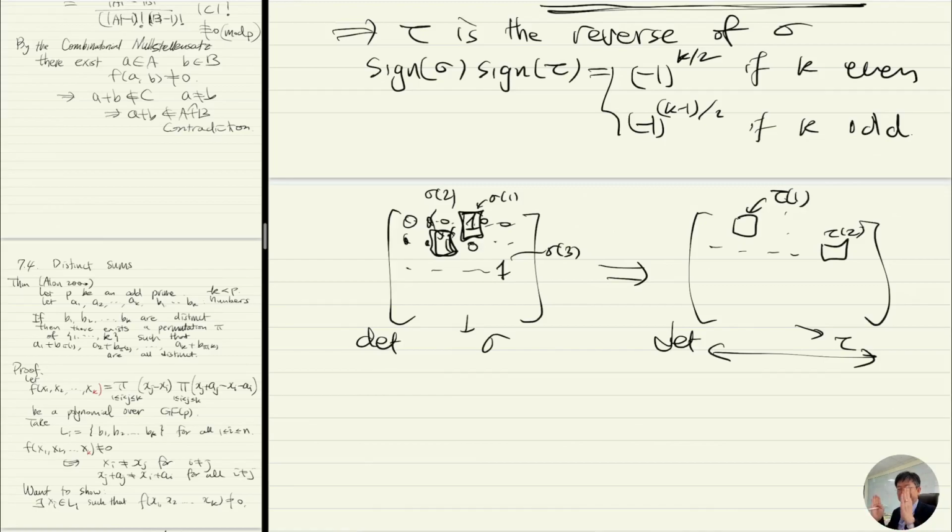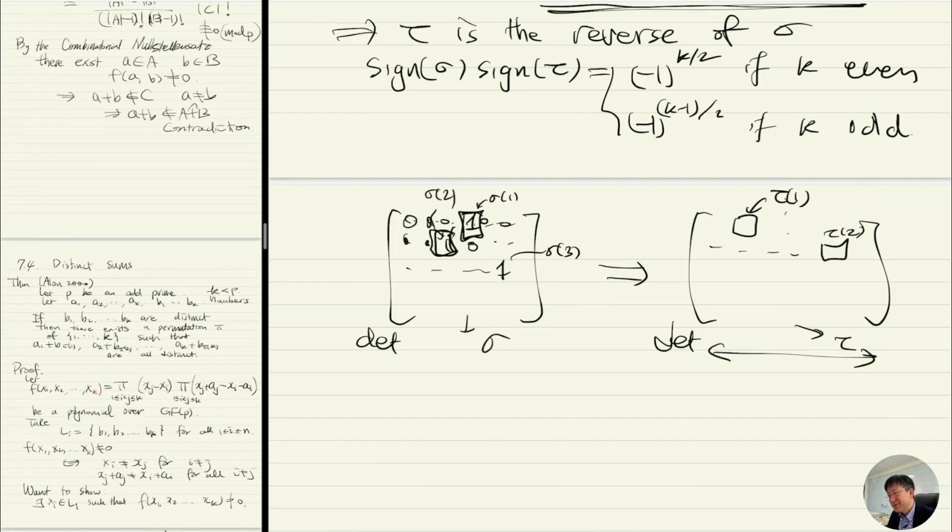But when you reverse columns, the determinant differs depending on the number of columns. If you have k columns and you reverse the order, what's the new sign? If you have an even number of columns, you swap first and last, second and second last, third and third last, etc. So you need to swap k over 2 column pairs.